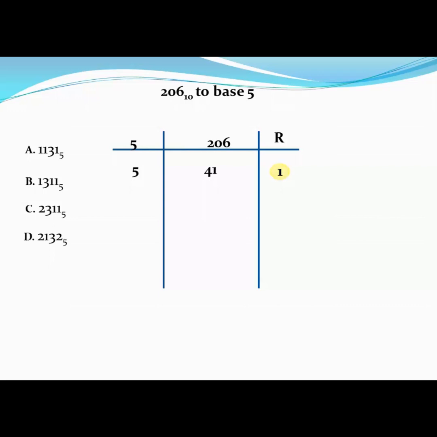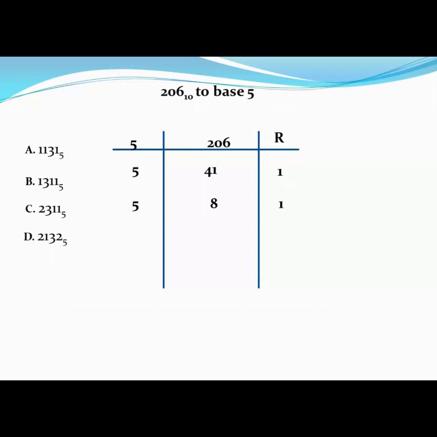Now you will see that 5 goes into 41 8 times, but it's still going to leave a remainder, because 5 times 8 gives 40, and 41 minus 40 gives 1. That will be the remainder.